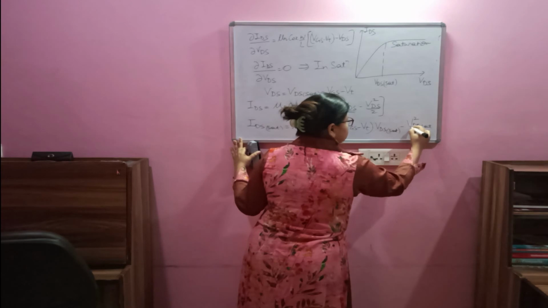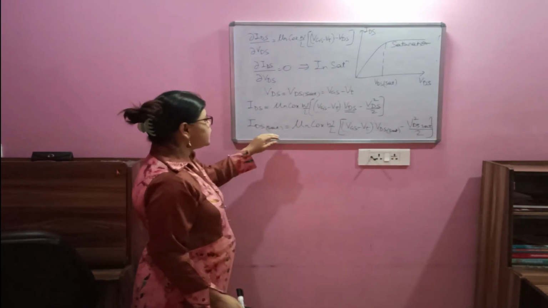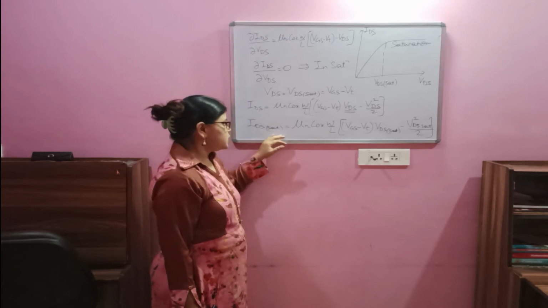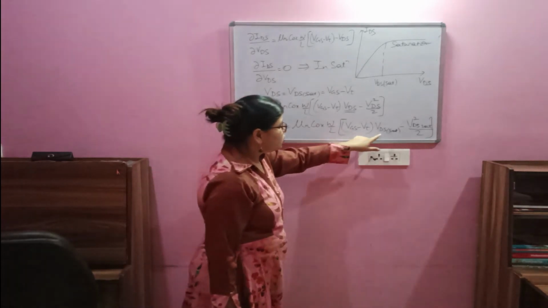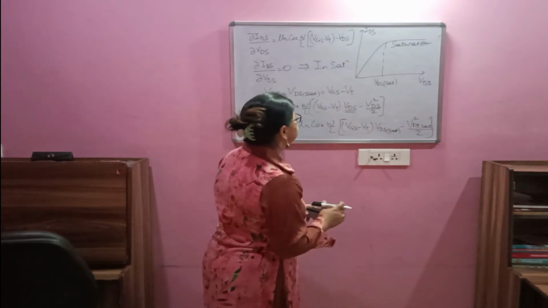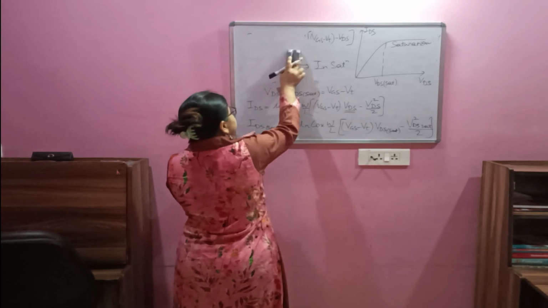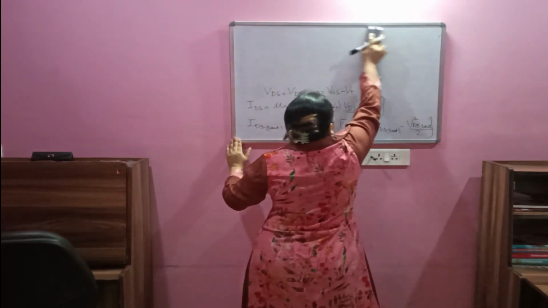Firstly we will write it like this, because now we are writing for the saturation region. So the current equation for the saturation will be written like this, and now in place of VDS saturation I will put VGS minus VT, and then we will see what happens to the final equation of the current.